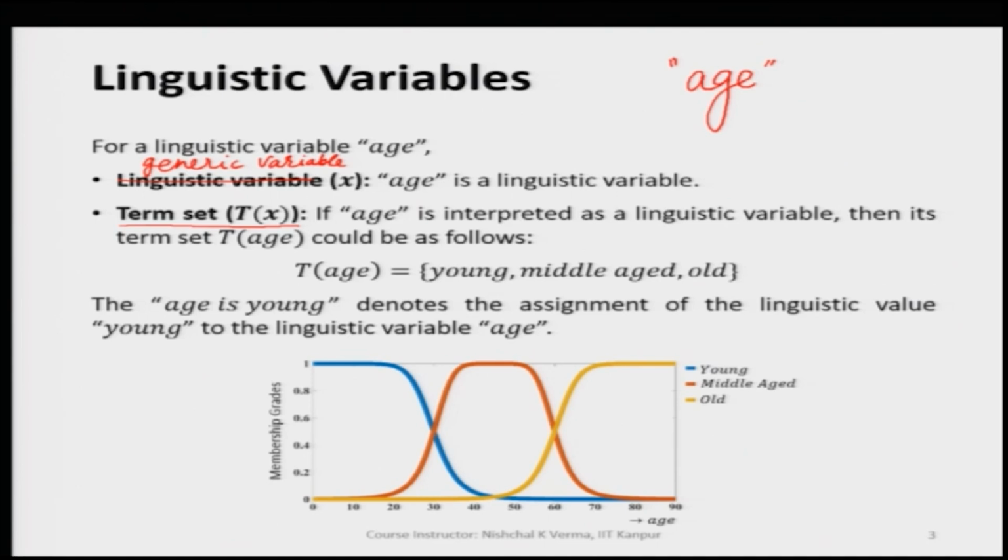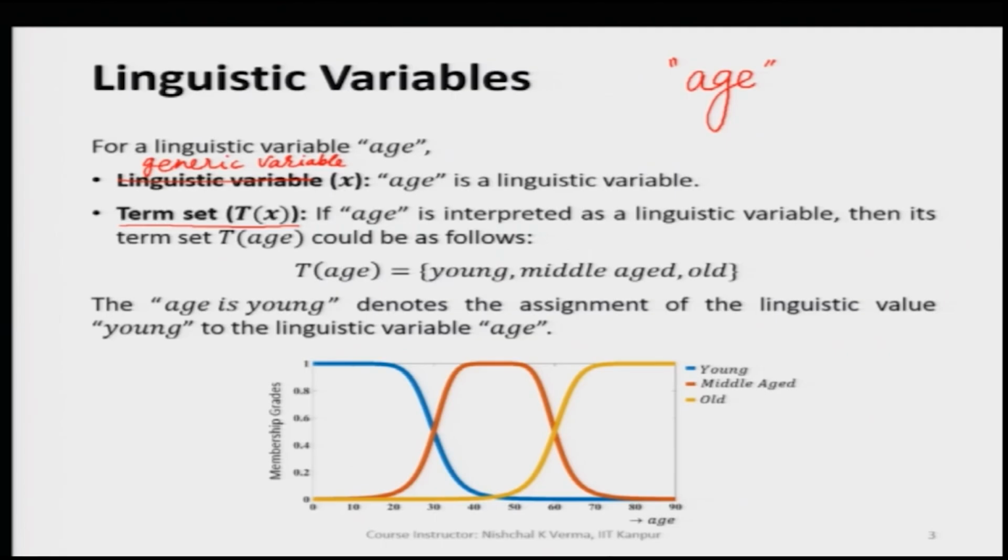This is just for the example, and we can have multiple segregations, multiple fuzzy sets for age. So, the term set can basically be a collection of the linguistic values for a particular linguistic variable.